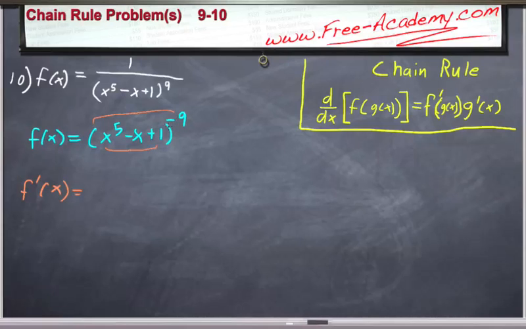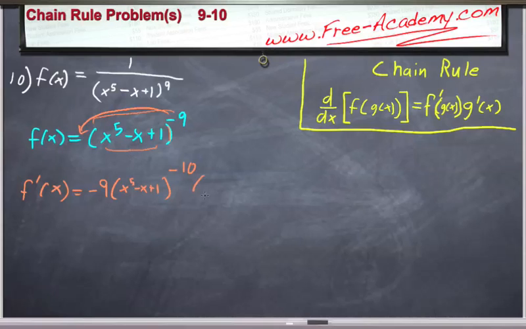So what we'll do is use the power rule on these parentheses to bring the negative 9 to the front, and then subtract 1 from the exponent, just like when we do the power rule normally. And we keep the x to the fifth minus x plus 1 inside the parentheses.